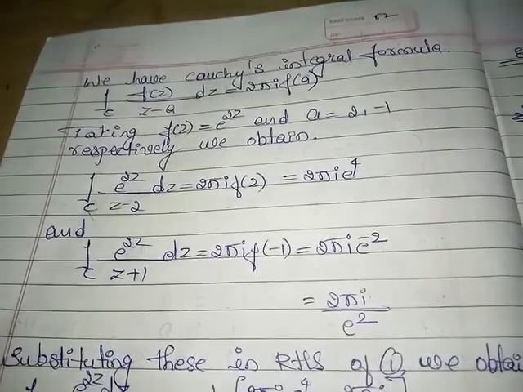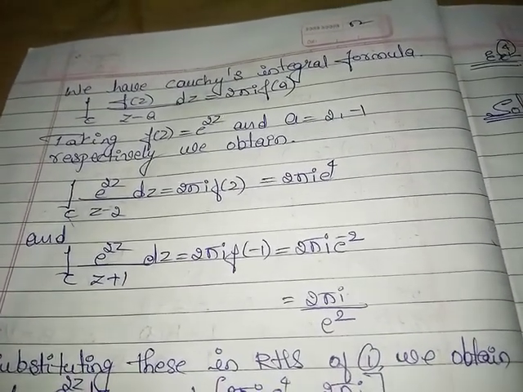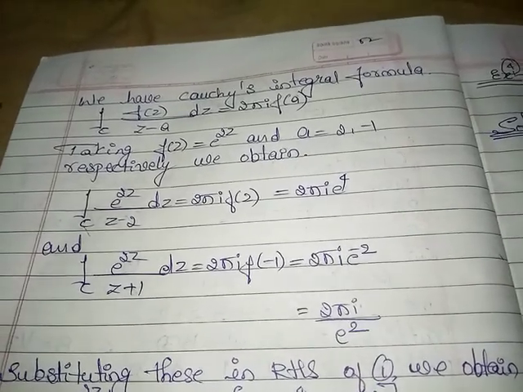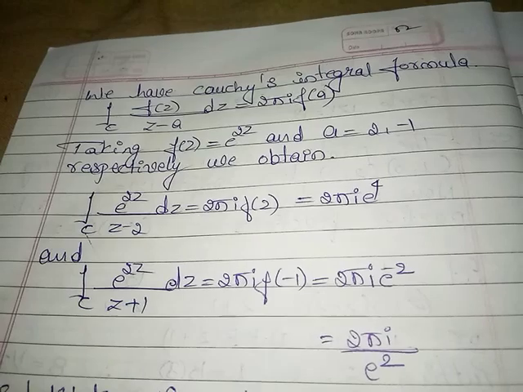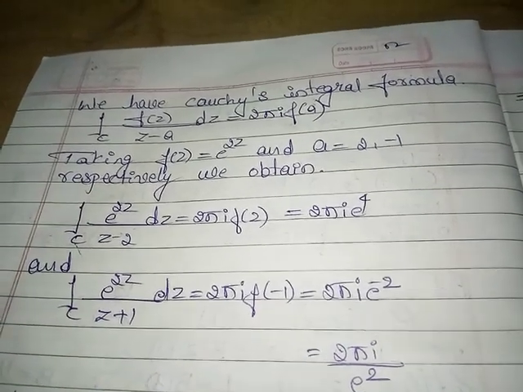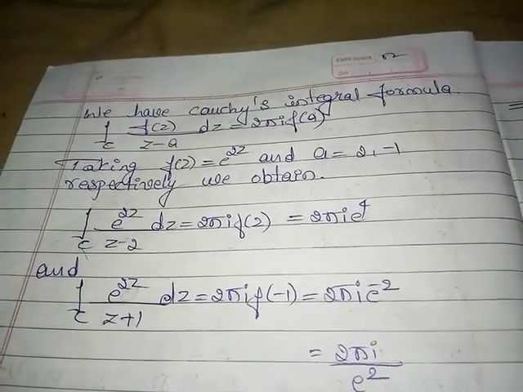We have the Cauchy integral formula, that is the integral over C of f of z divided by z minus a dz is equal to 2 pi i times f of a. Here the a values are 2 and minus 1.